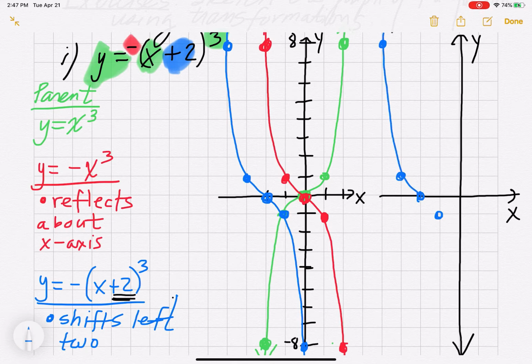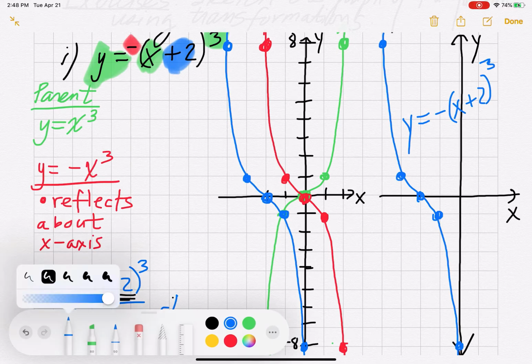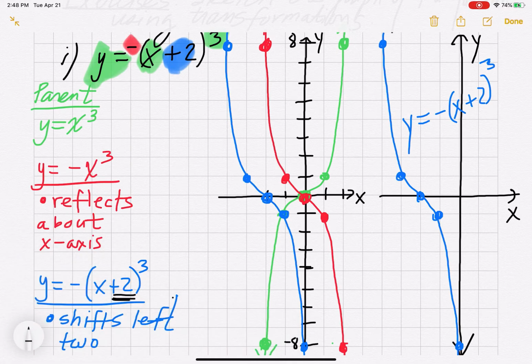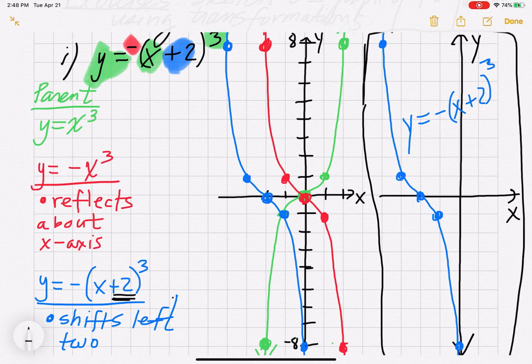And then we got the point 0, negative 8, and there it is, the arm on the other side. So this is it. This is y equals minus parentheses x plus 2 quantity cubed. It's a third power right there. So there's our graph, right? Yeah, it's not drawing right. Grade me.